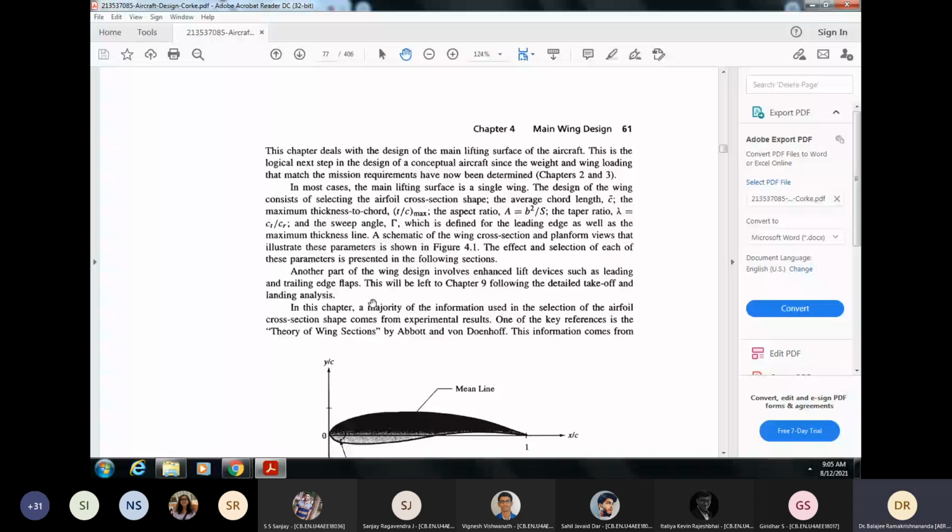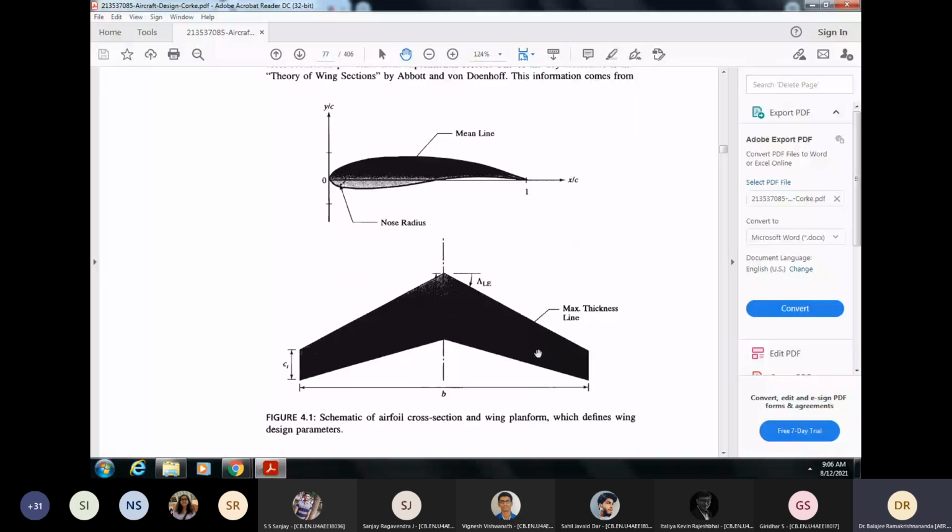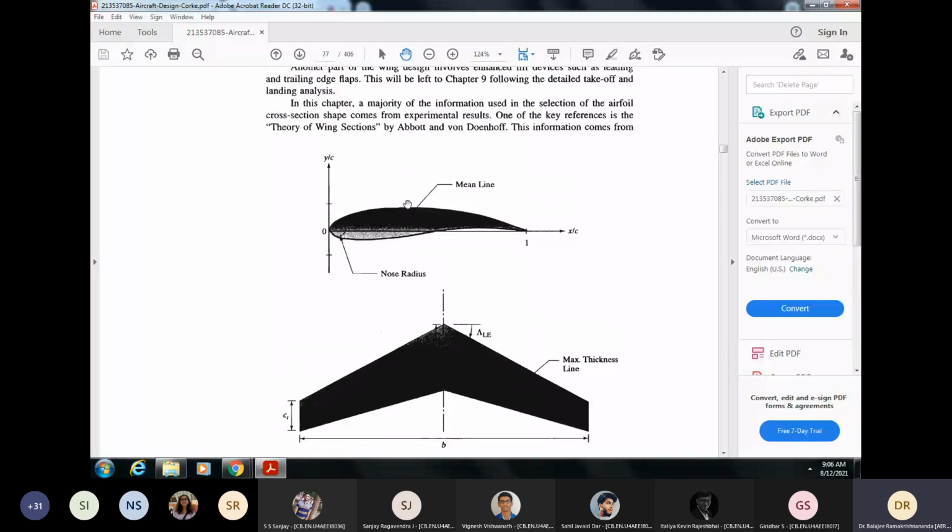One more thing is the leading edge radius, or nose radius, which we call. This is leading edge sweep. This figure is blacked out, so you are not able to see the maximum thickness line. That will be one more line here, where there is maximum thickness of the airfoil. It's suggesting the same reference, Theory of Wing Sections.